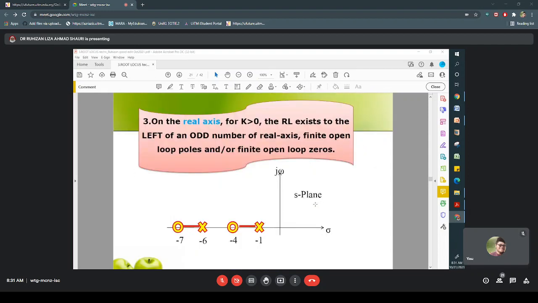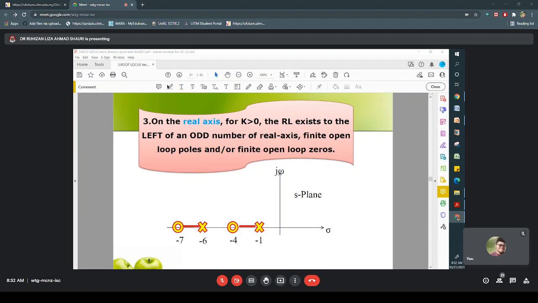Okay, the next one, the third. How do I decide the direction of the root locus, whether it needs to go to the left or to the right, when you have the open loop zeros and open loop poles on the real axis?